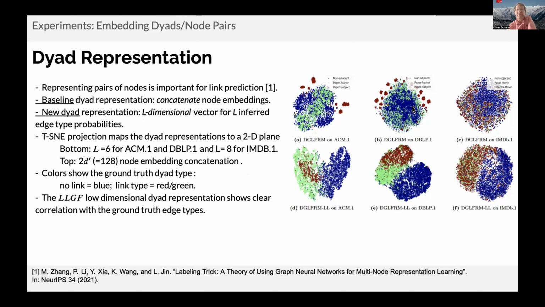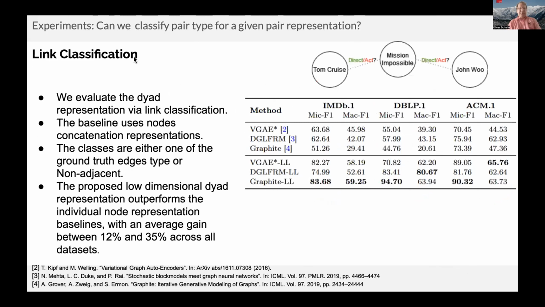At the top is just the concatenated node embeddings. At the bottom, we have the latent layer inference dyad representation. For IMDb, the separation is probably not totally clean for either method, but we are separating blue versus non-blue, which means existing links versus non-existing links. Okay, so that's for visualization.